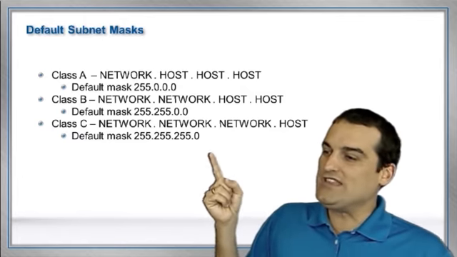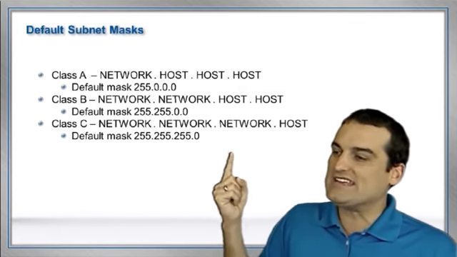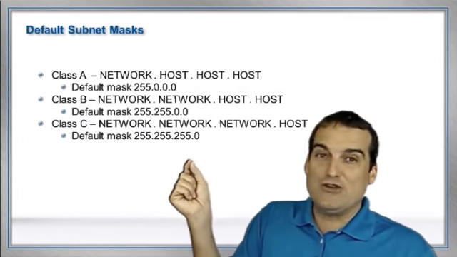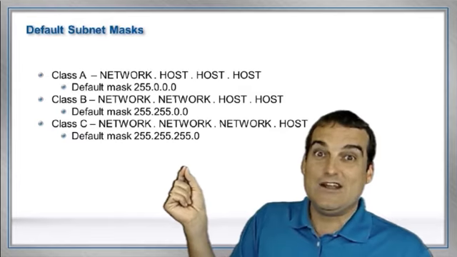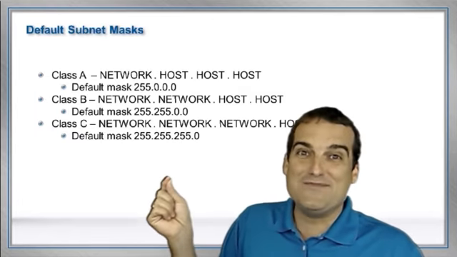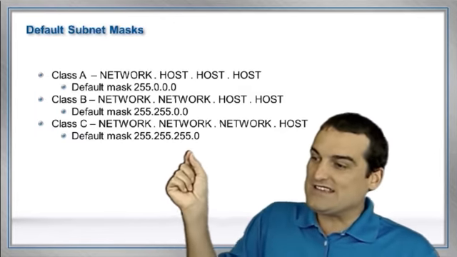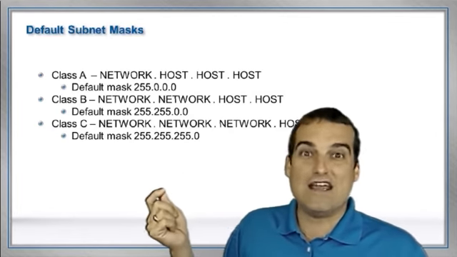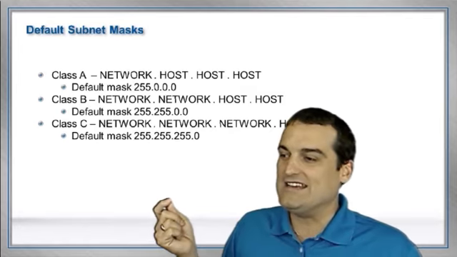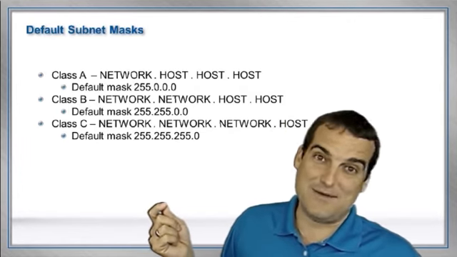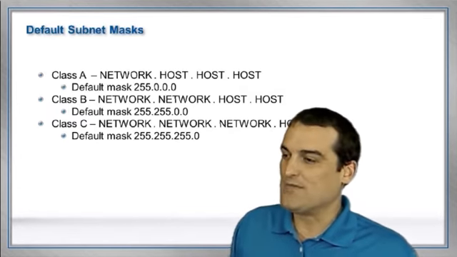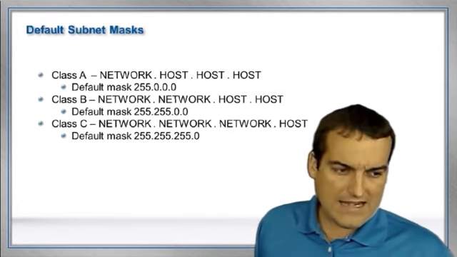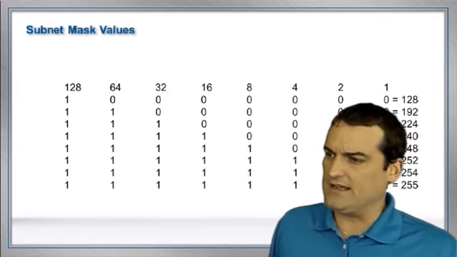When we extend the mask into that fourth octet, the additional bits that we use for additional network addressing are our subnet bits. Those bits that we borrow or steal from this fourth octet allow us to create these additional subnets. Pretty darn cool. Okay, so let's go ahead and see something now.